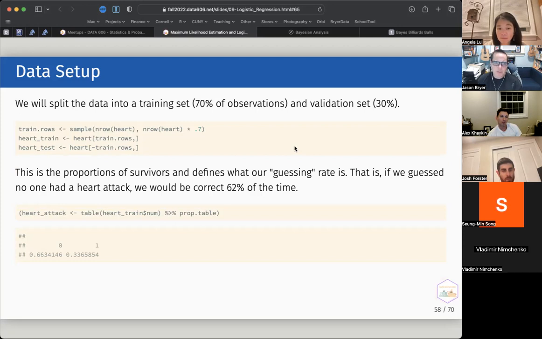Because we want to train or develop a model with what we call a training set, and then check its accuracy with some validation set. And we want to keep them separate, because if we use the same data set to both train and validate, we are very likely going to end up overfitting our data to that data set, which means it's going to be less effective for future predictions.